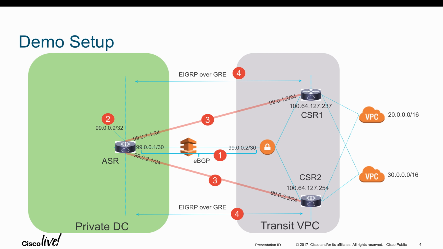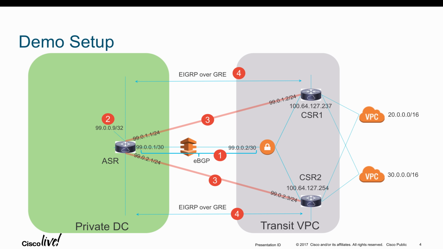Then you create the EIGRP over that tunnel to enable the dynamic routing protocol, so the CSR can pass all the routes it's learned from the spoke side to the ASR, and ASR will pass all the routes from the LAN side to your CSR as well. So the spoke can also learn the route of your on-premise data center.